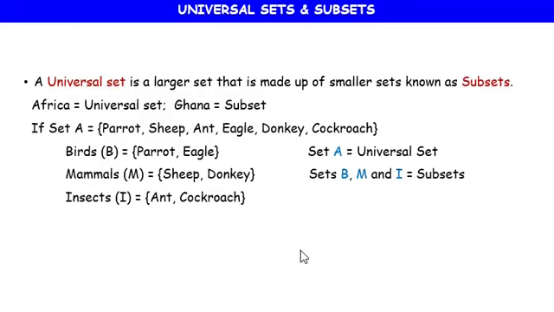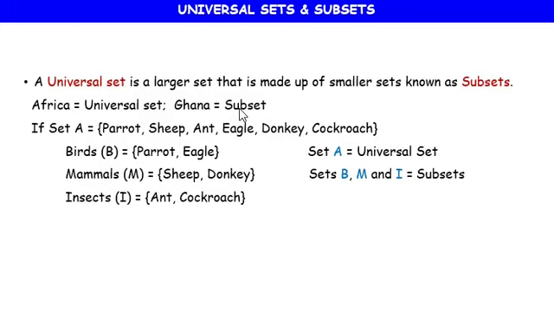A universal set is basically a mother set, a broader, wider set that is made up of smaller sets known as subsets. So the universal set is simply the wider picture that contains smaller sets known as what? A subset. So for sure, Africa is a universal set, and then Ghana is a subset.